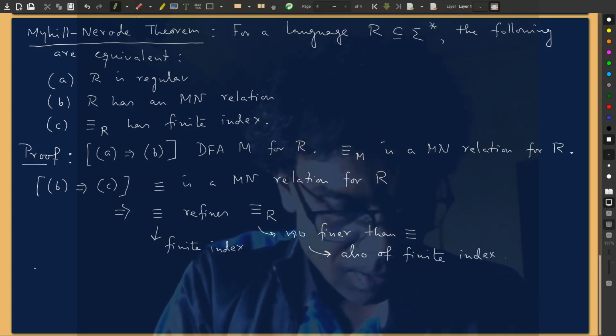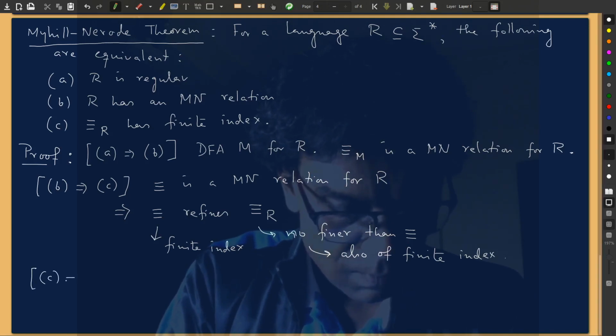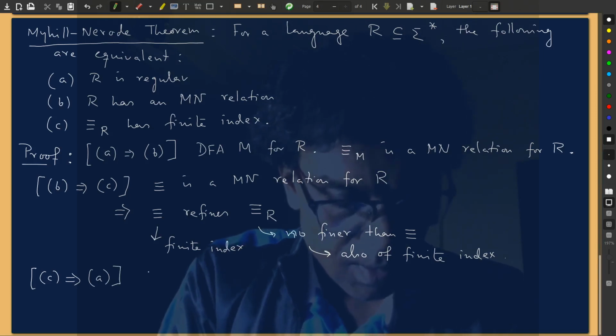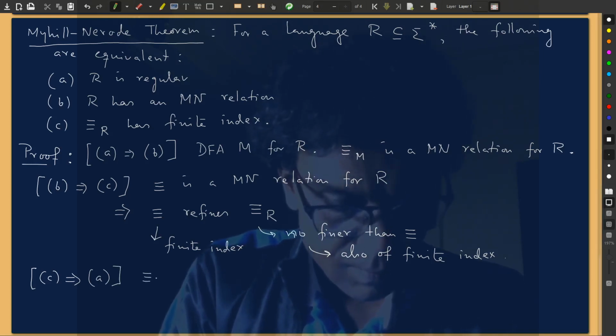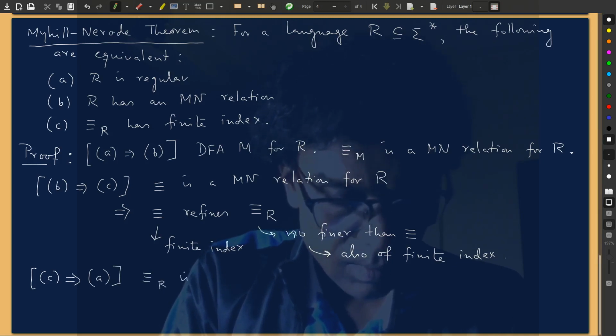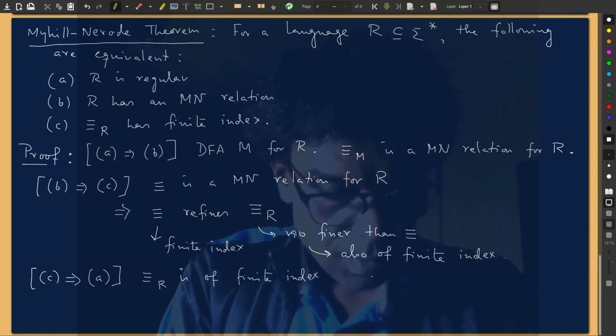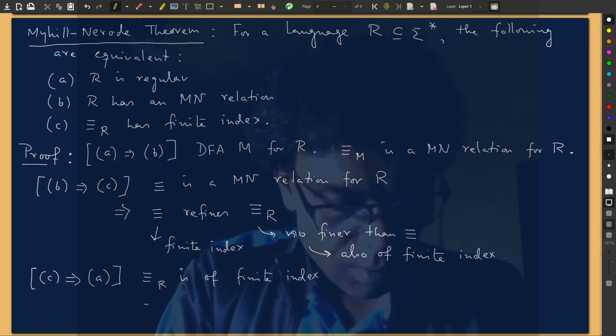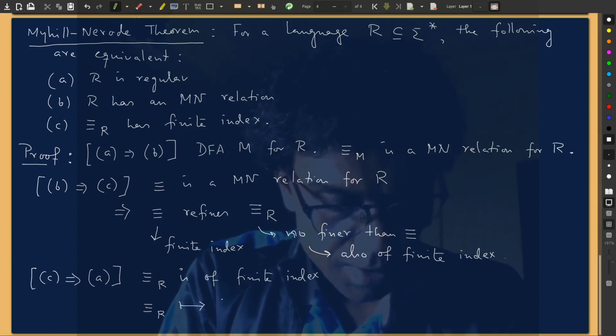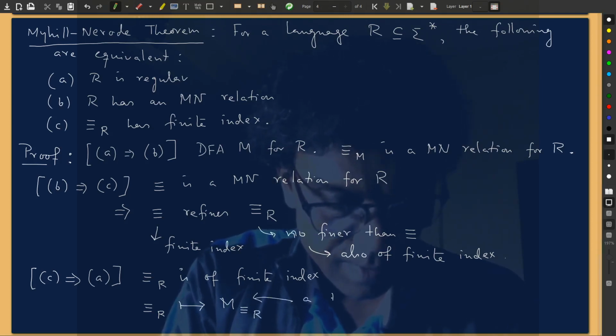Okay. And the final part, C implies A. If this is a finite index, then if we use that reverse or converse construction that builds a machine M, this is now a DFA.